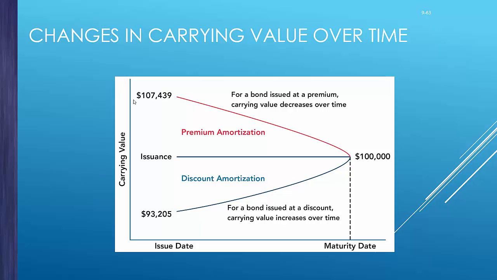So here's a graphic example of how the premium gets amortized and serves to reduce the interest expense of that bond, and the discount also gets amortized eventually so that it brings itself up to the price of that bond. So there's actually an increase in your interest expense should you issue that bond at a discount.